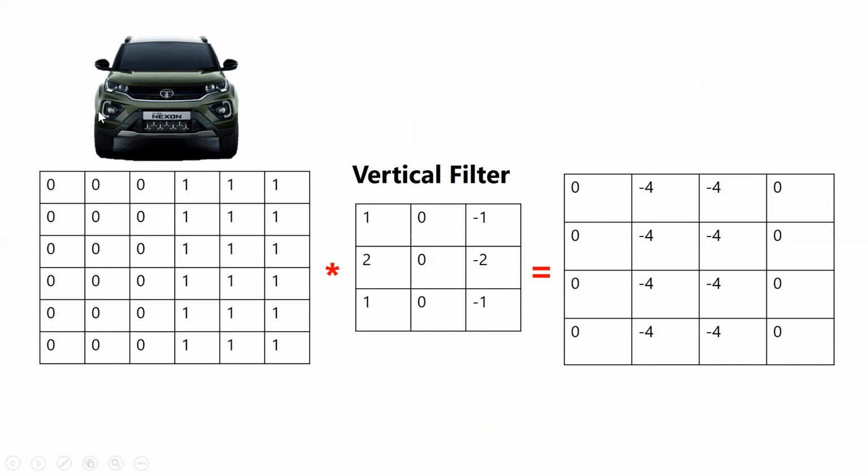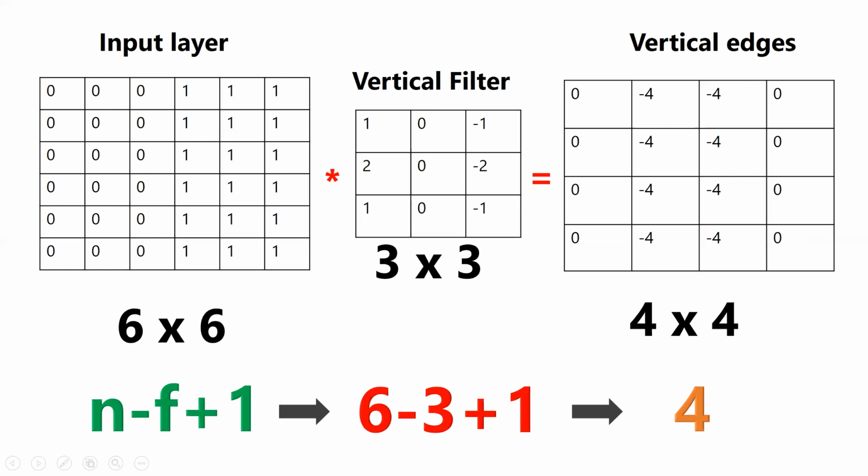Now we got this portion of the image, right? So when we apply this vertical filter to the entire input layer, we will be coming to this particular vertical edges matrix. This is nothing but 4 cross 4.